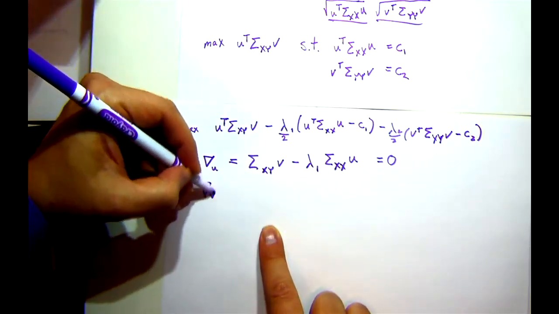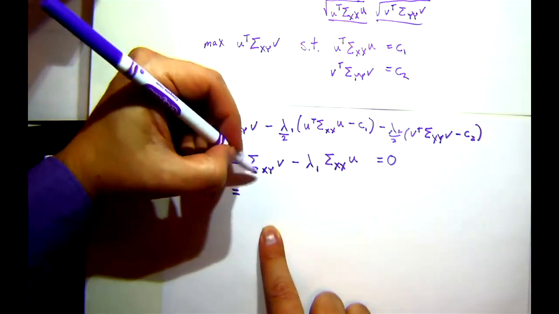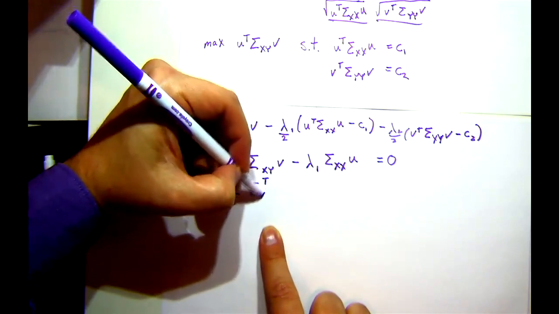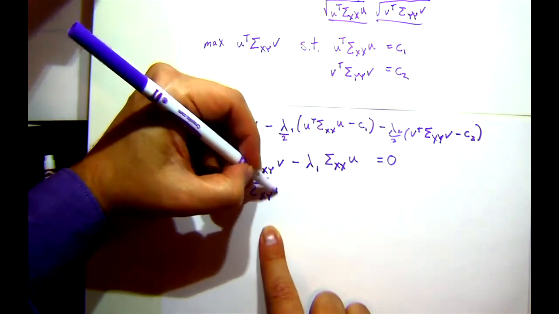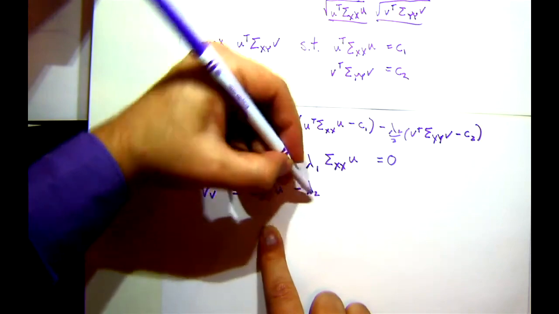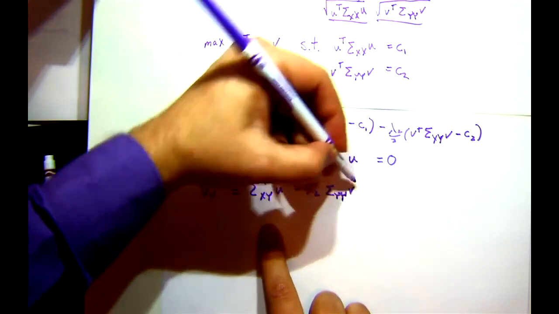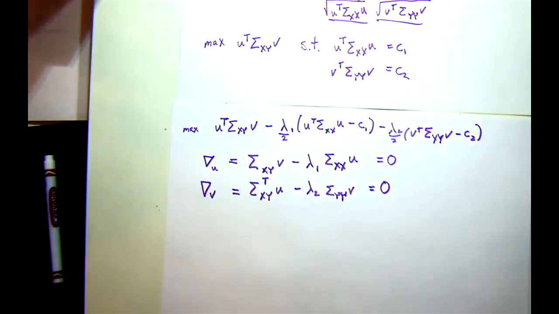The gradient with respect to v is very similar. It's sigma transpose xy u minus lambda 2 sigma yy v, and we're going to set that equal to 0.